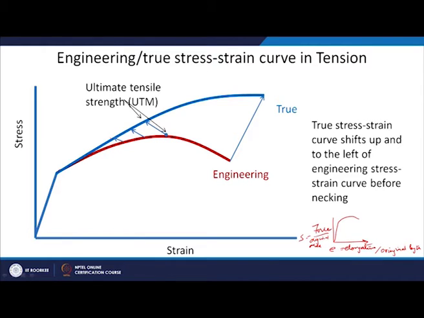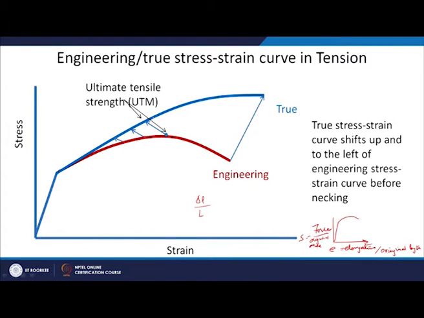Okay. But since my length is increasing, the length for strain calculation will be delta L by L. If L is continuously increasing, that means the true strain value will be lower. You can see the points shown by the black arrows here.